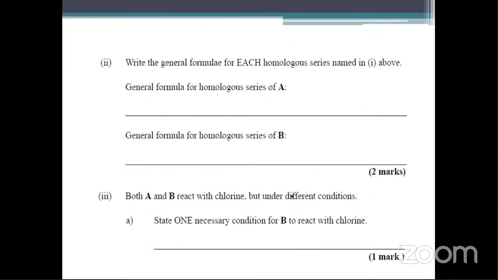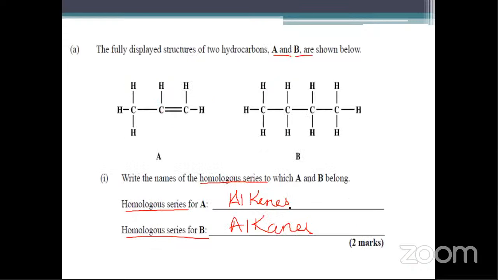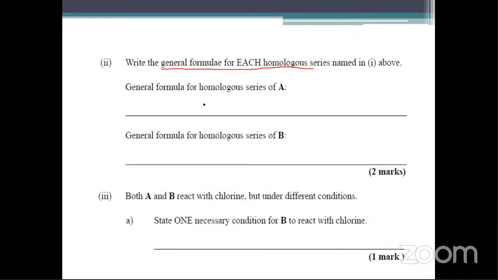All right, now they ask you, what is the general formula for each one? So A is an alkene. What's the general formula for alkenes? They all start with Cn, but how many H's are going to be there?